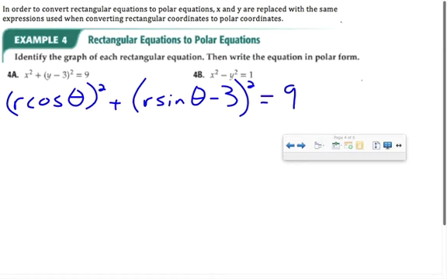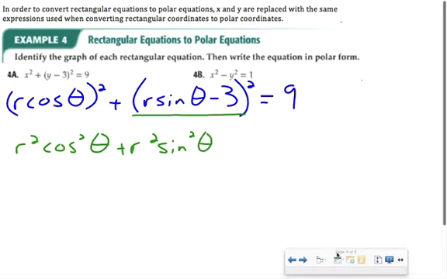As always, I can't stress enough, this is not r squared sine squared theta minus 9. You must FOIL this out. So now I have r squared cos squared theta plus r squared sine squared theta minus 6 r sine theta plus 9 equals 9.